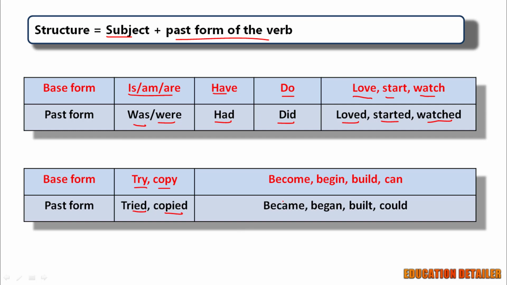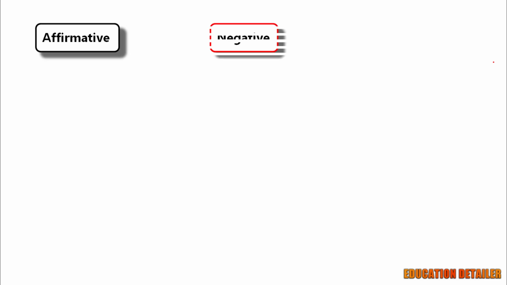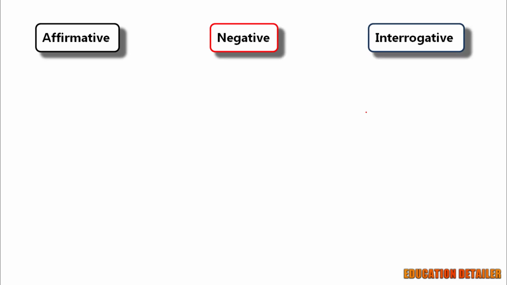Look at some of the irregular verbs and their past form. Become, became, begin, began, build, built, can, could, and many more. Now let me show you how the forms of verbs change in different types of sentences, like in affirmative, negative, and interrogative.